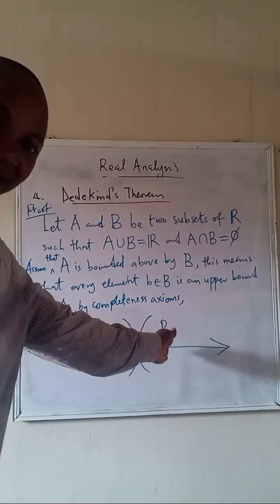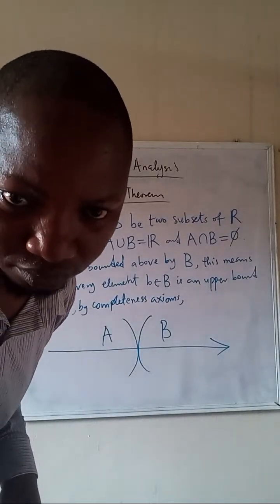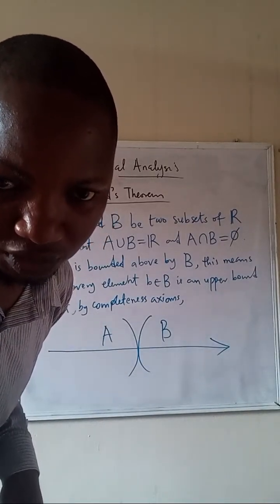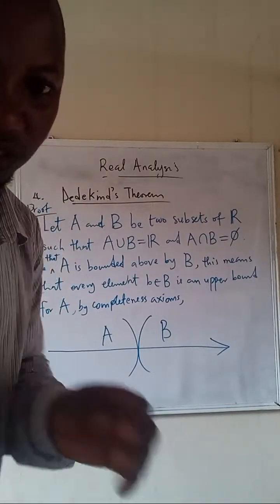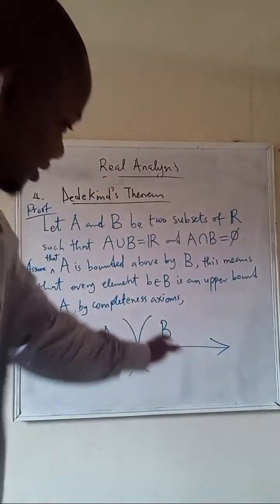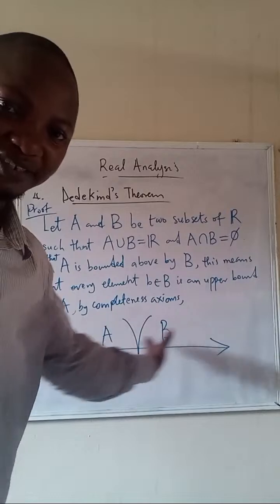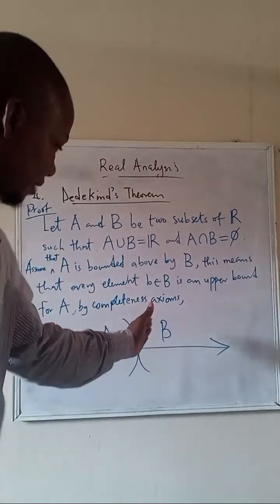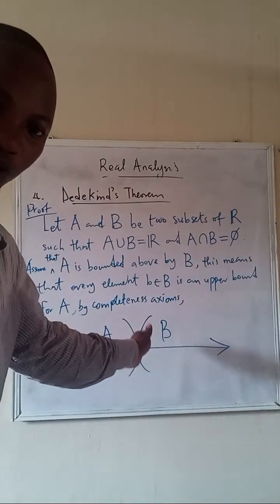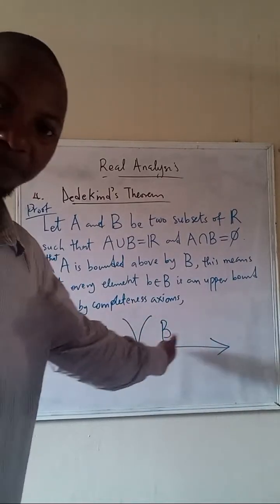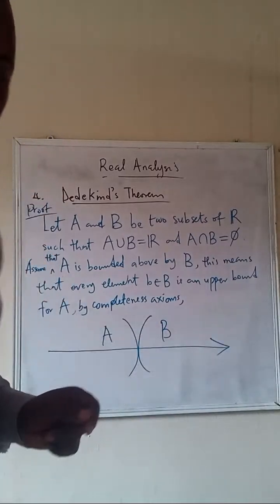So every element in B is above A. That is the meaning. Yes, small b is the upper bound for A. Those small b are the elements that are on this line. The capital B is a set, capital A is also a set, but I'm using small letter b as an element, to mean the number here.